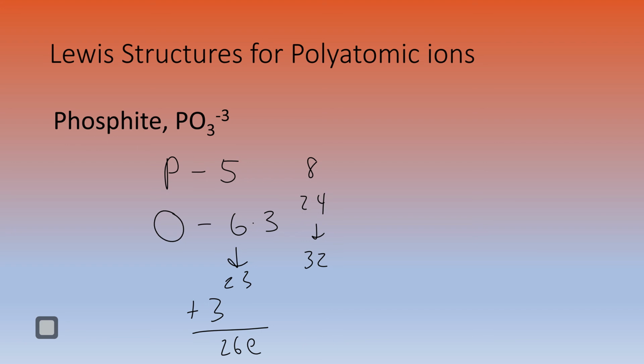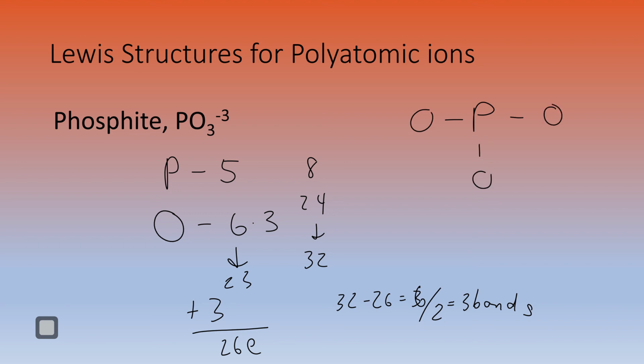Okay? So then I have 32 minus 26 equals 6 divided by 2 equals 3 bonds. Okay? 3 bonds. And again, this is kind of weird where it's just like O, O, and O, and then each of those gets an extra electron on it. All right? So that's what we're looking at there a little bit as well.